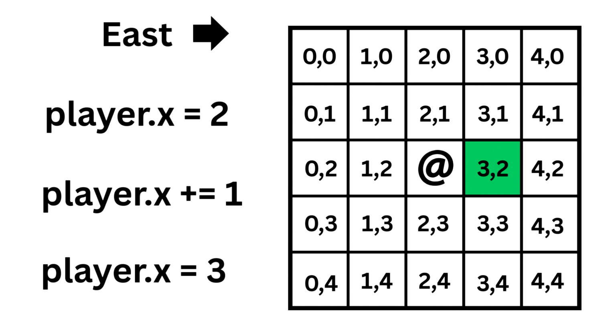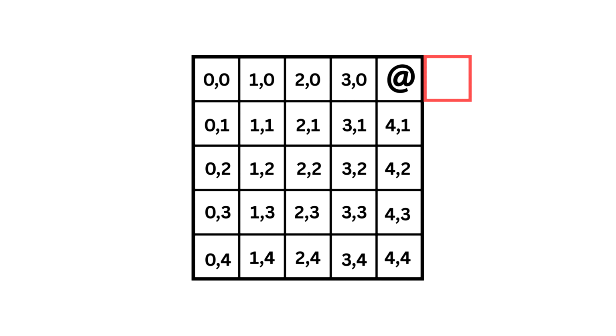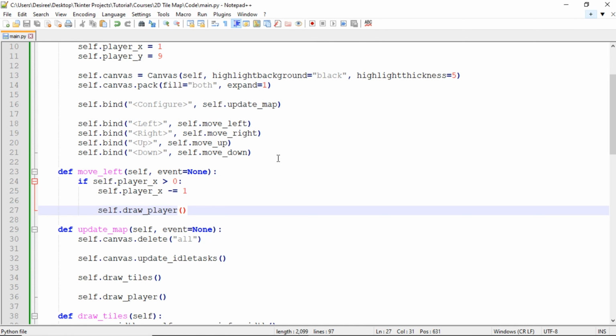To move the player right or east, we have to add 1 to the X position. But if the player is already at the right edge and tries to move right, their new X position will move them off the map. So again, we'll only move the player right if player_x is less than the map size - 1.